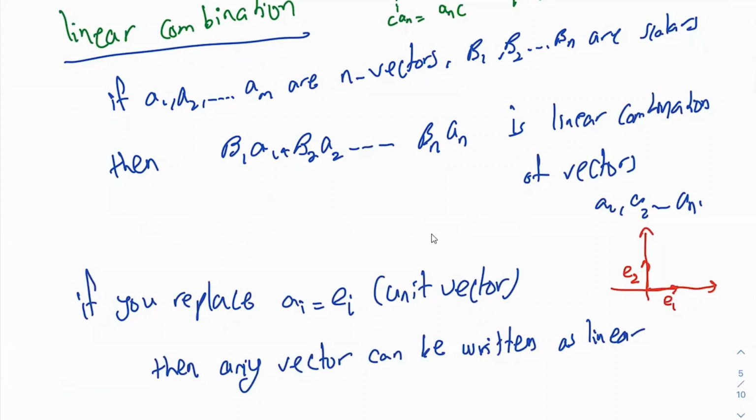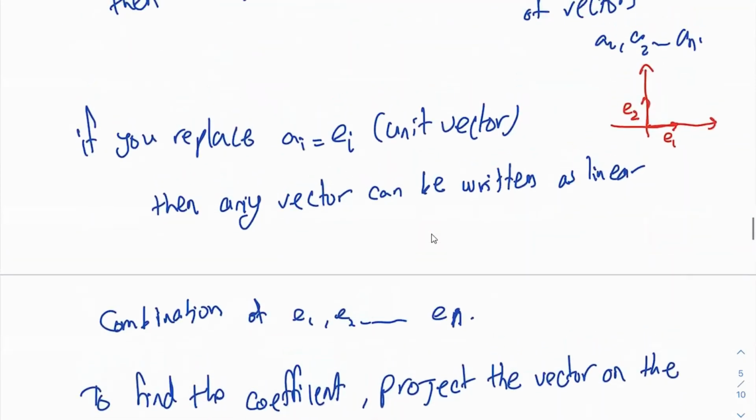Now, it gets more interesting if you replace this vector A by a unit vector, let's say Ai by Ei. Because you can do that, right? These are the vectors, and you can replace them by another vector, Ei. Then you can prove that any n-dimensional vector can be written as a linear combination of these unit vectors.